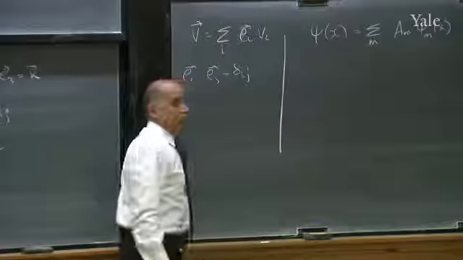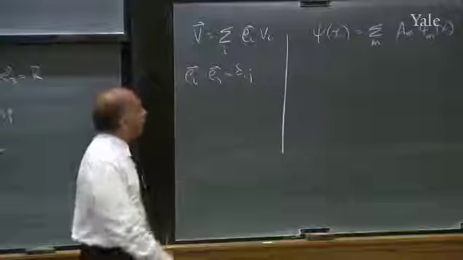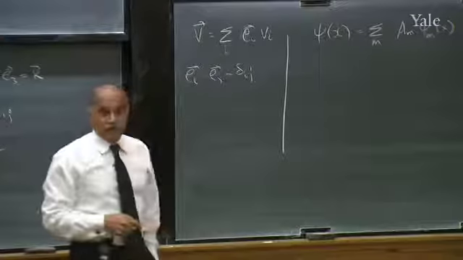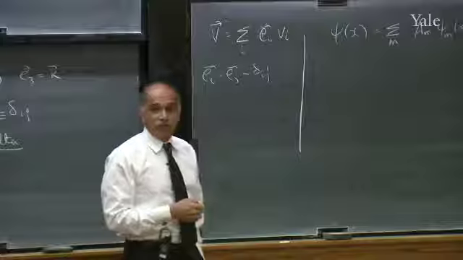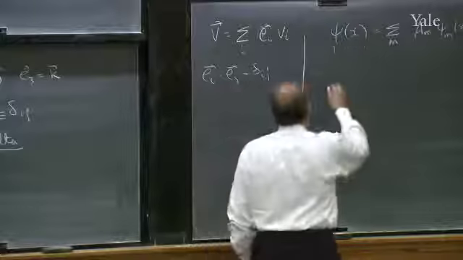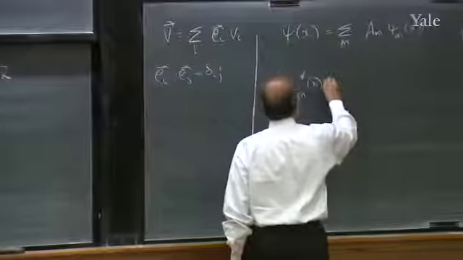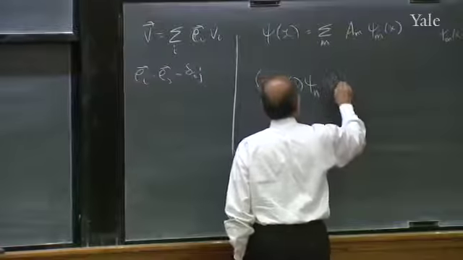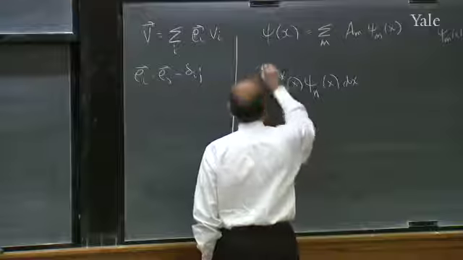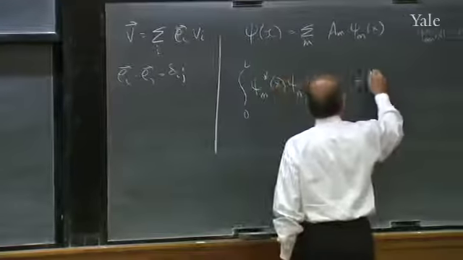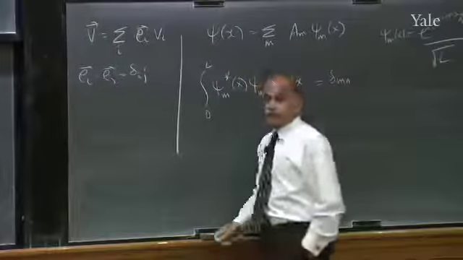That was helpful in finding the coefficients. There's a similar rule on the right-hand side, which I will show you, and we can all verify it together. The claim is the integral of psi_m star of x times psi_n of x dx from 0 to L is in fact delta_mn.